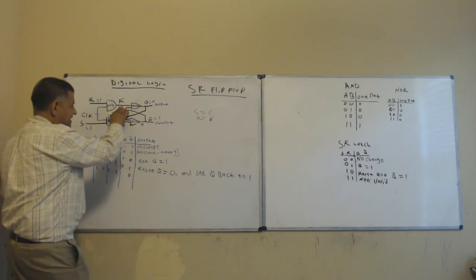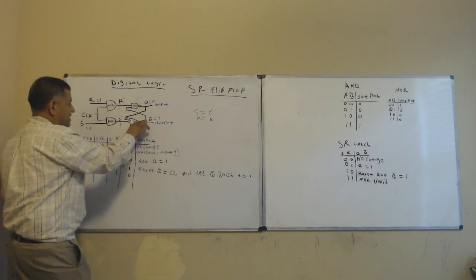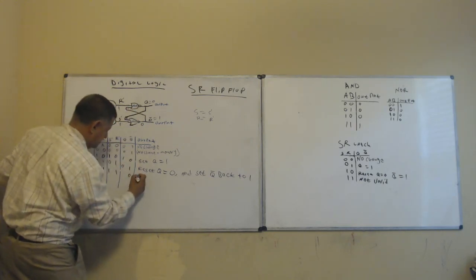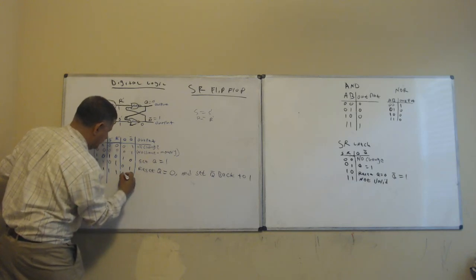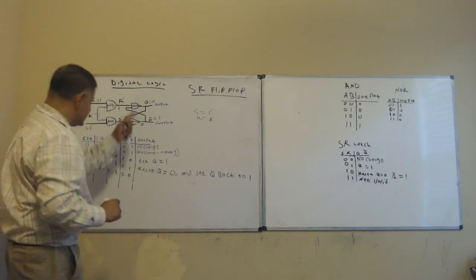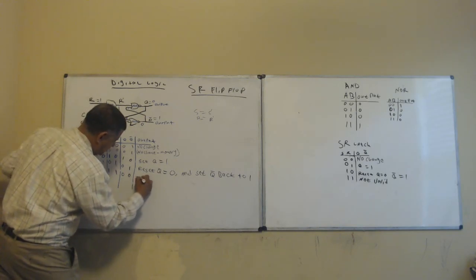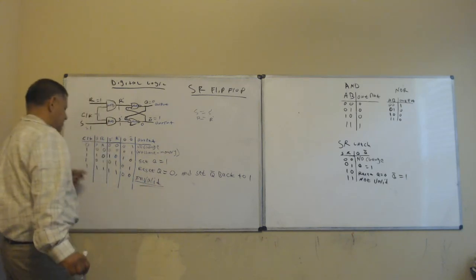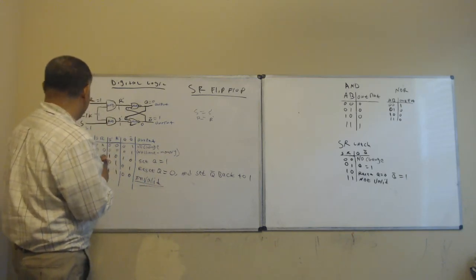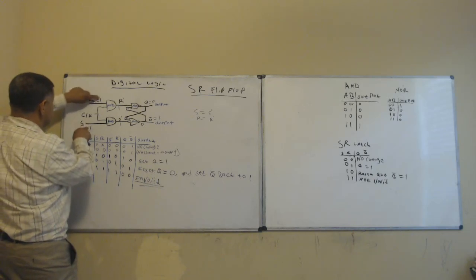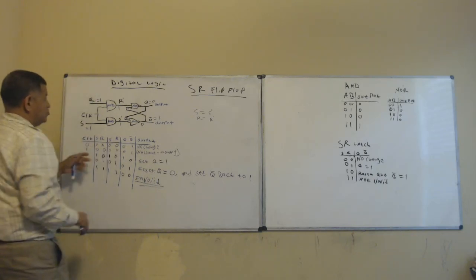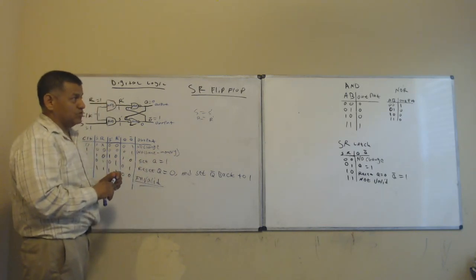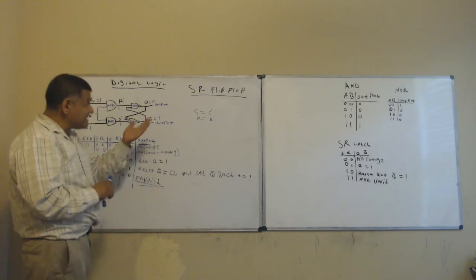But this coming in is 0, right? Back. So the output of this is also 0, which is invalid. So not allowed, right? You press 2 buttons at the same time, not allowed. That is the reason that it's called SR Latch or SR flip flop.